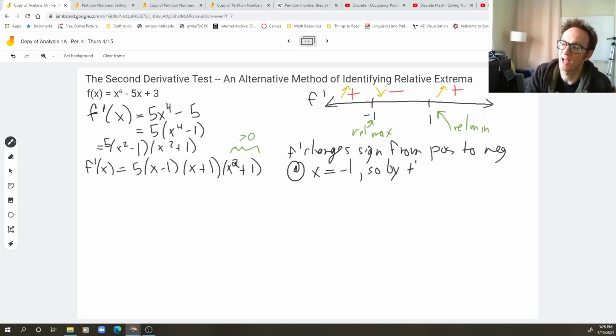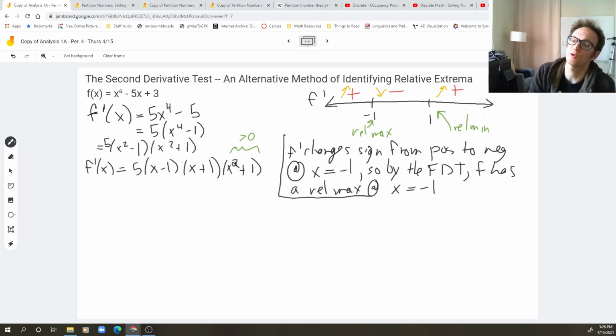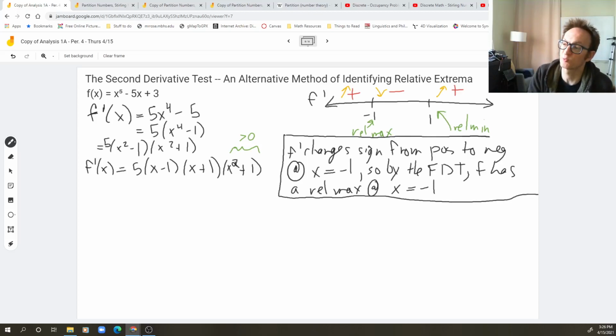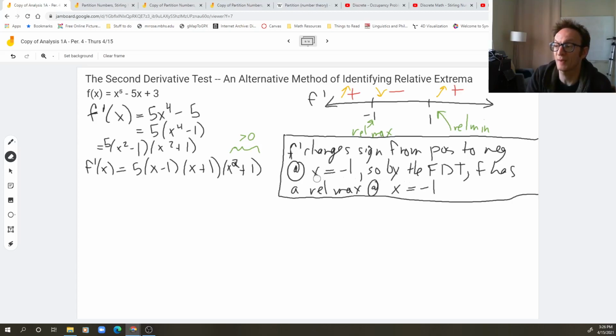So, by the first derivative test, f has a relative max at x equals negative 1. You can shave a word or two off of this, perhaps, but basically every single thing I just wrote here needs to be mentioned. You need to explicitly reference a sign change in the first derivative. You need to reference the first derivative test, and you need to tell me where that sign change is happening, and then that the conclusion is that there's a relative max.